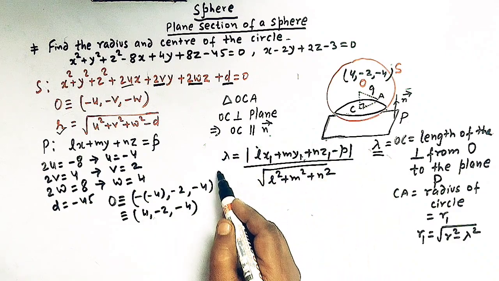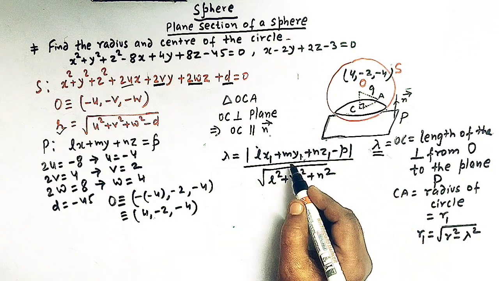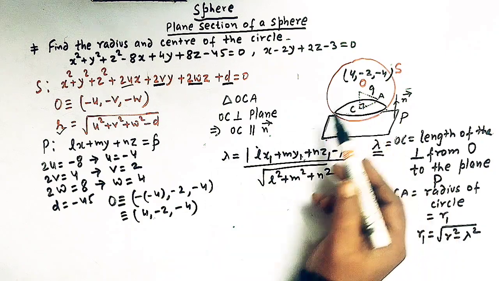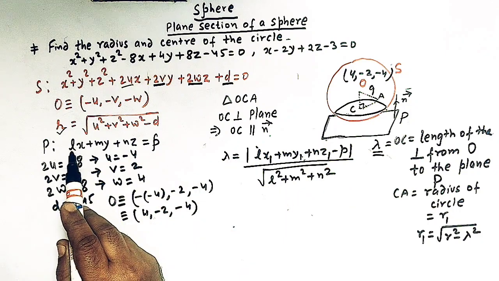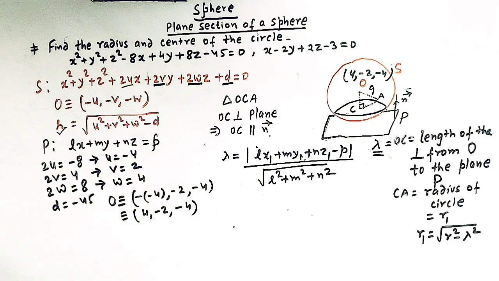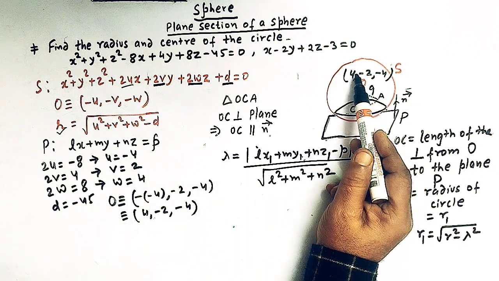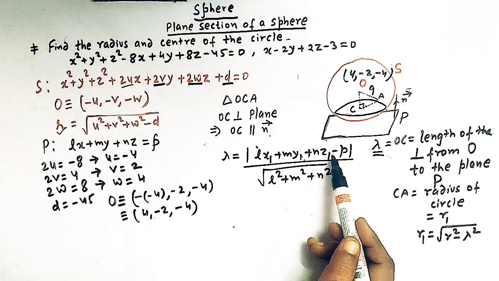This is the formula for getting the distance of a point from a plane. Here we have the equation of the plane as Lx plus my plus nz minus p is equal to 0, and we take the point O as x1, y1, z1.